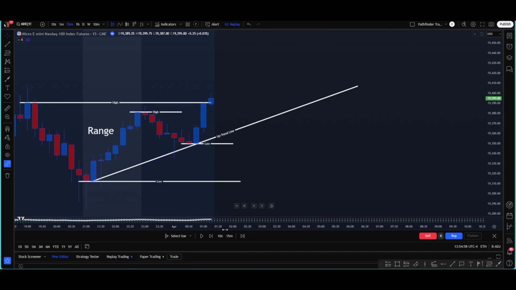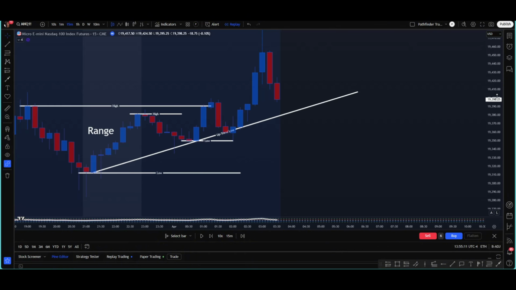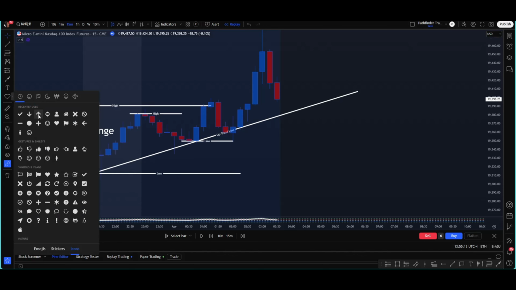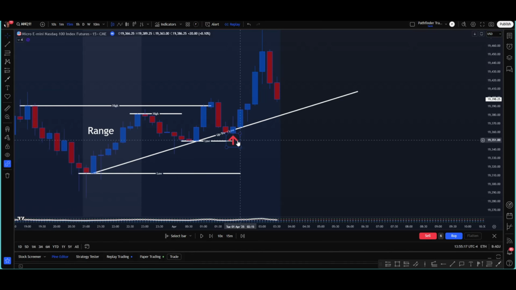So now the market pulls back to the uptrend line, and you can see here it bounces, makes a rejection, and continues on to a higher high. So when it has returned to that point, that is where traders take entries from for the continuation to the upside.